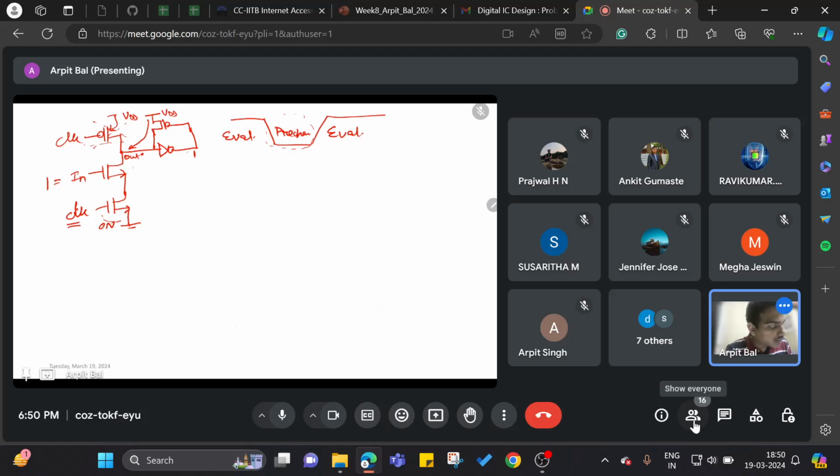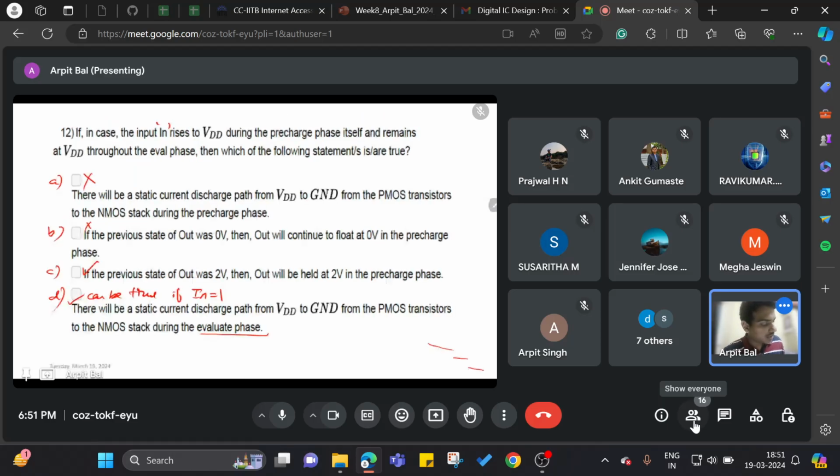Sorry, this output will be evaluated as 1 and this will be 0, and because of this the PMOS transistor will turn on, and this is going to pull down the node. So this is going to form a discharge path from VDD to ground. Okay, so option D can be correct.